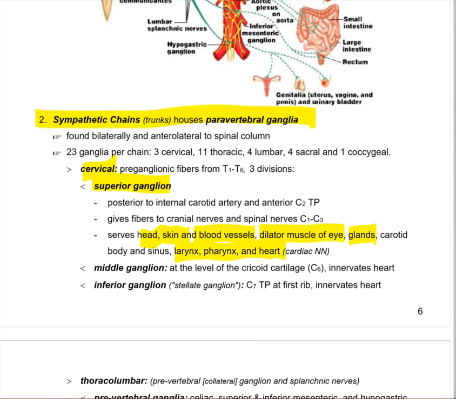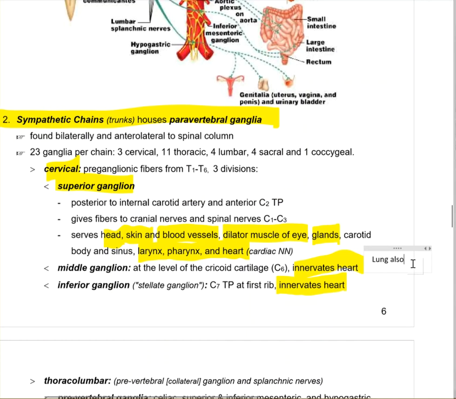So this ganglion goes to a lot of the things in the face and head, and also has the heart involved.